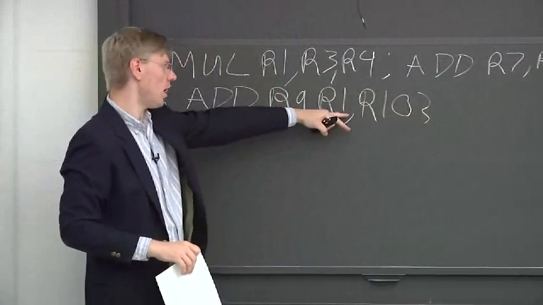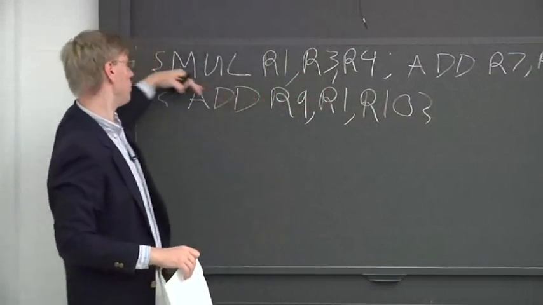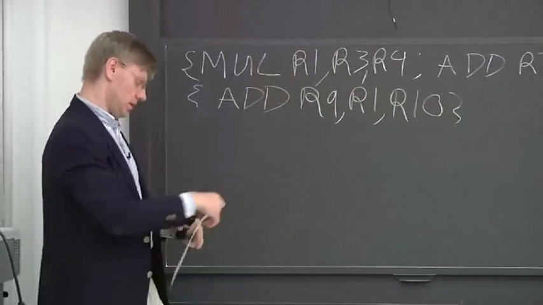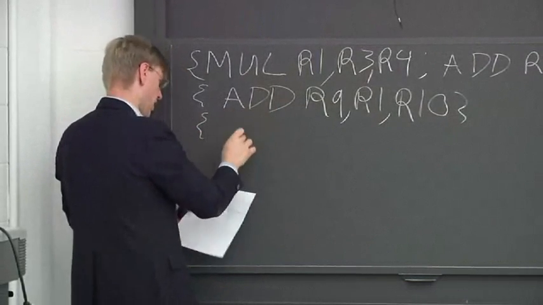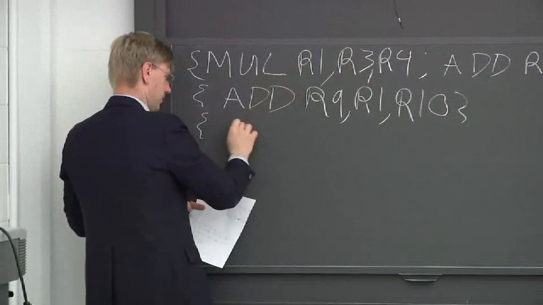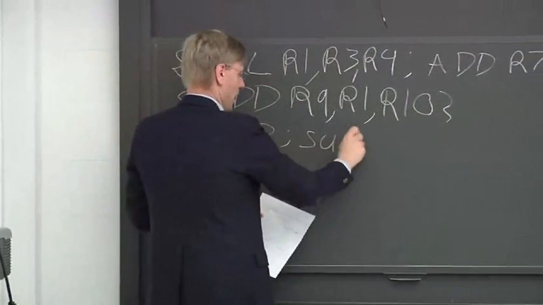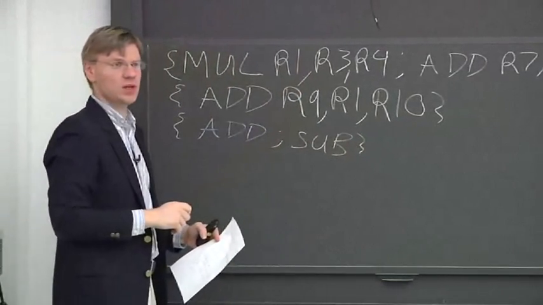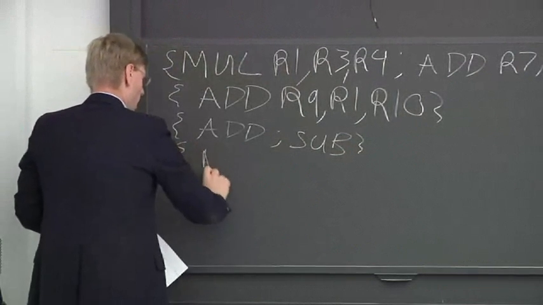So this, in the EQ model, is going to get the value before the multiply. So it's not going to pick up this result. And then, let's say we just have some other random stuff, maybe some non-dependent adds and subtracts. I'm not going to write the registers here because they don't read or write anything which is read or written in these two bundles. Maybe you have a no-op.